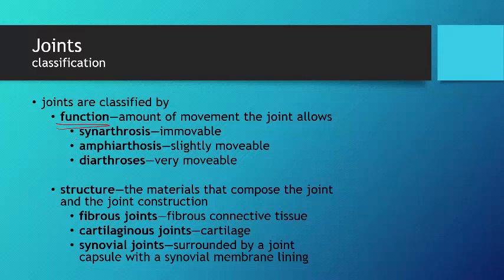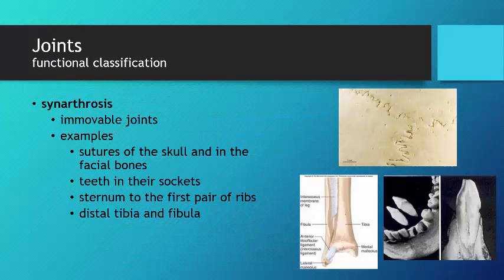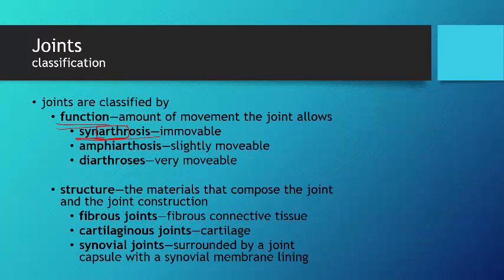If a joint is a synarthrosis, syn would mean together, and this root right here is all about joints. So a synarthrosis is a joint where the two bones are held together and they are immovable.